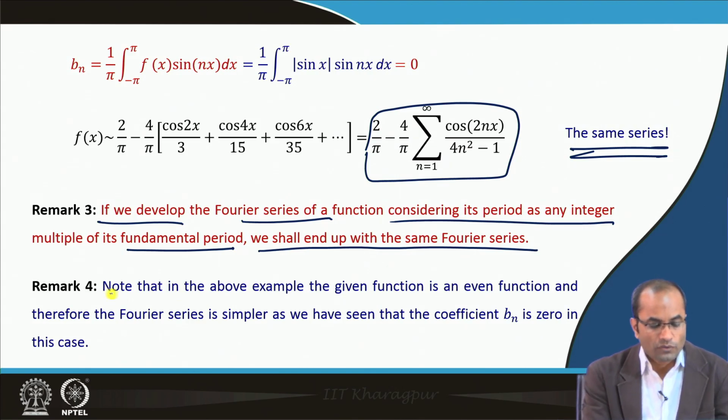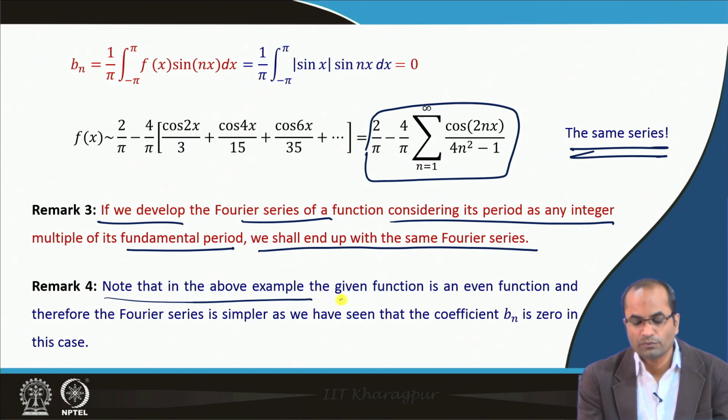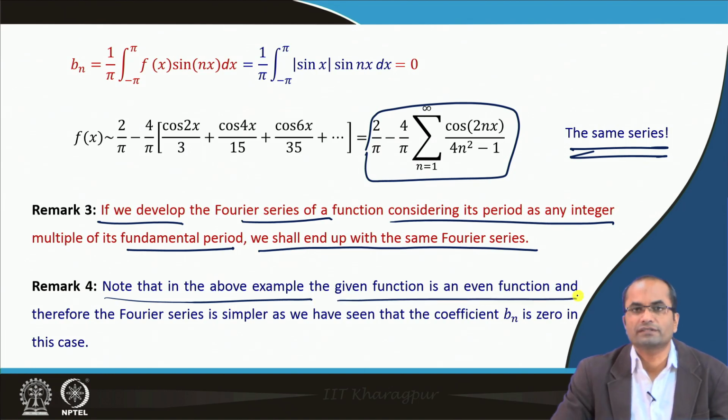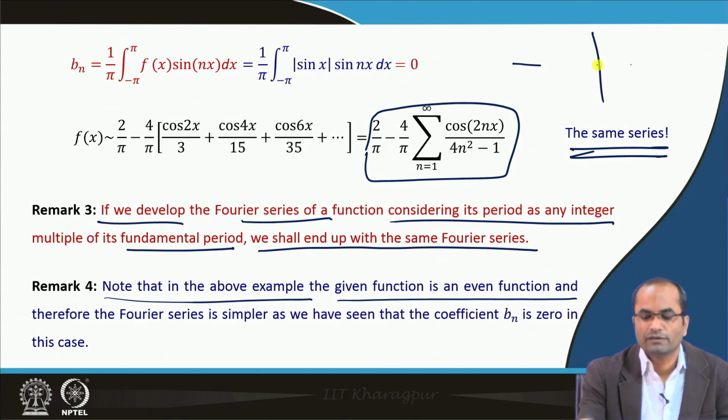Also note that in the above example, the given function is an even function. So, another observation which we should keep in mind, and later on we will discuss in detail, is that this sine function here with absolute value was an even function. So, around this 0 here, it has the same value as in the negative values there.